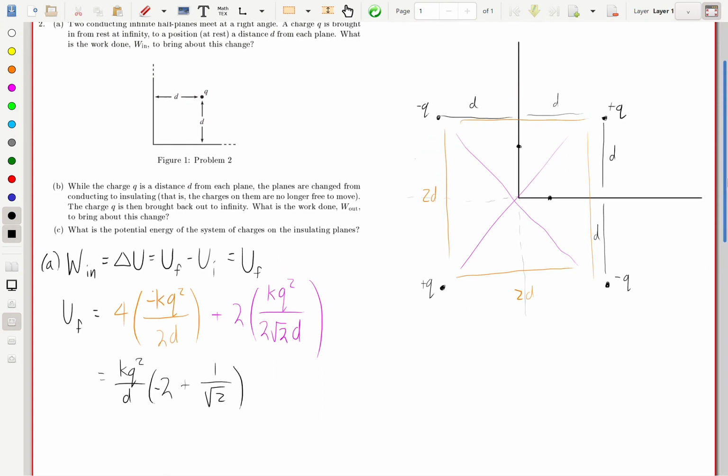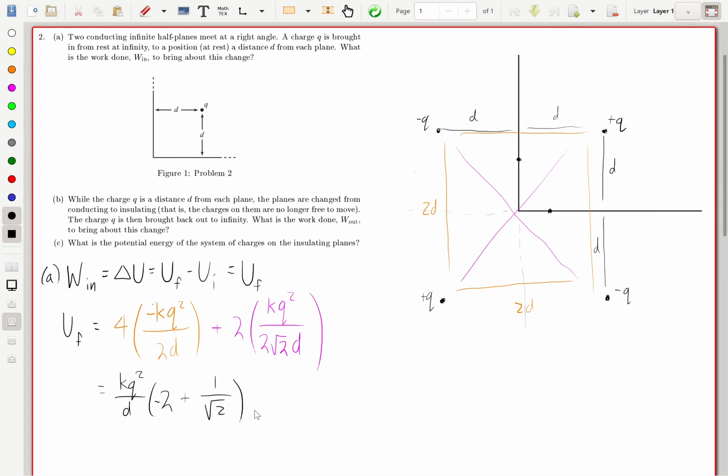However, this is incorrect, because what we've done here is pretend the charges actually exist in these physical spaces. In fact, they don't exist there. Image charges are just a problem-solving tool for us to mimic the field around this conductor, but we can't actually treat it like these charges are actually there.